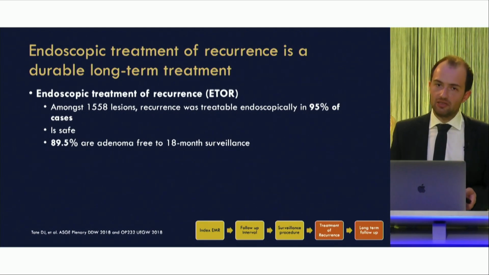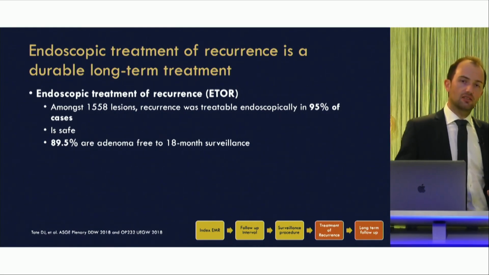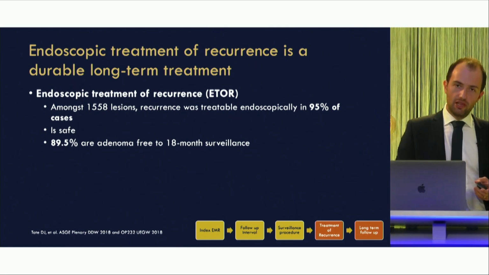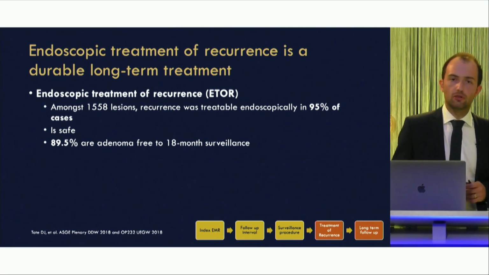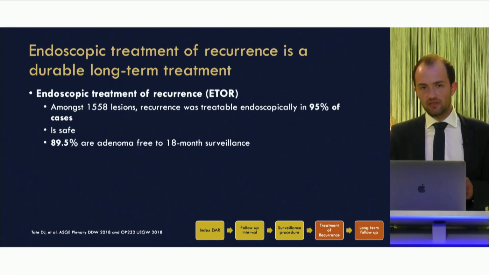But if it does happen at the surveillance procedure, then this nice study presented at the ASGE Presidential Plenary in DDW in 2018 and currently in write-up showed that the majority of lesions where there is recurrence at the scar can be treated again endoscopically with good, about 90% durable, long-term adenoma-free outcomes. And this has also been demonstrated in much smaller cohorts previously as well.